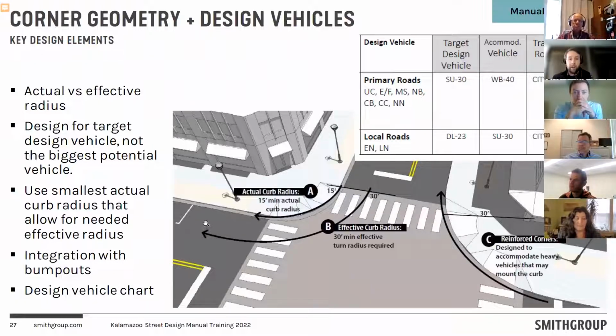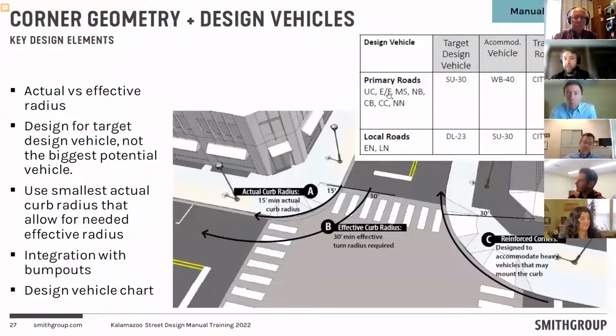And oftentimes when you have things like on-street parking or bike lanes pushing out where the vehicle is actually turning, your effective radius may be a lot bigger than your actual radius. And the effective radius is really what we should be designing towards relative to the design vehicle.